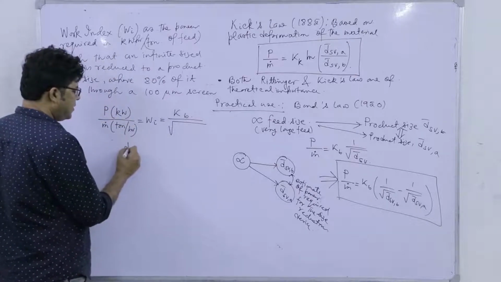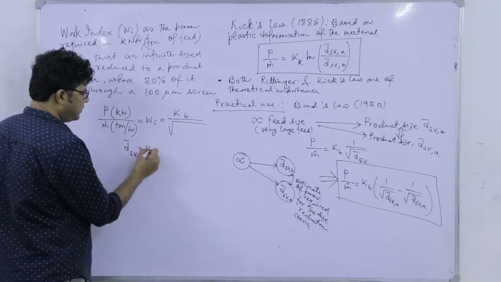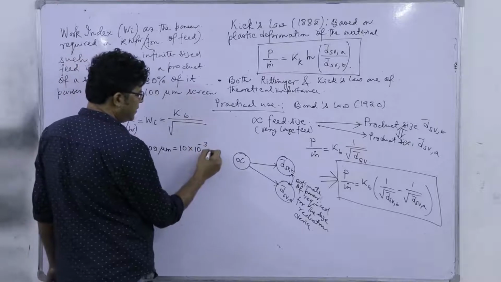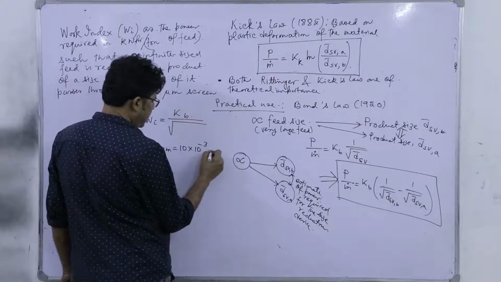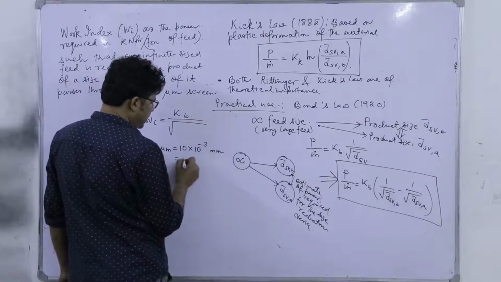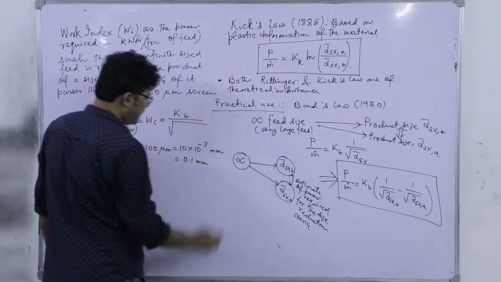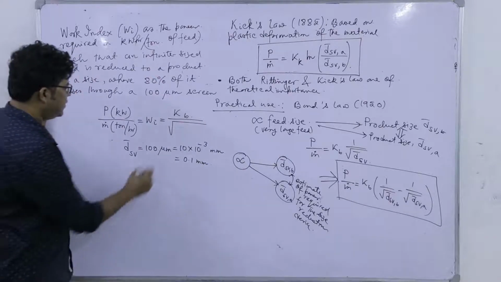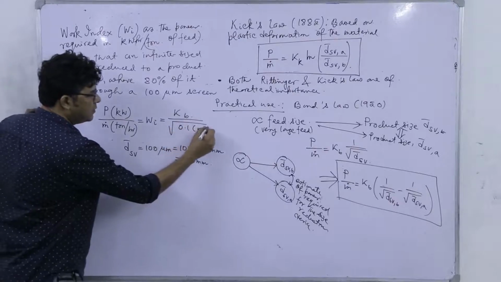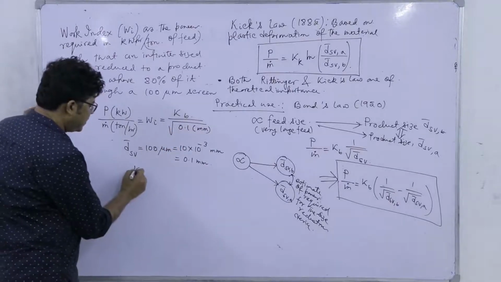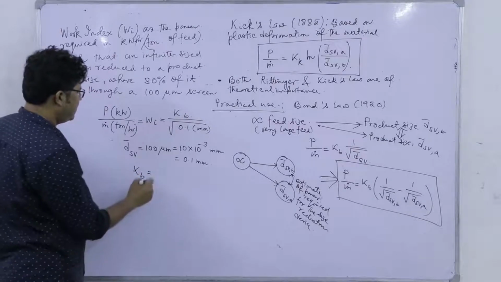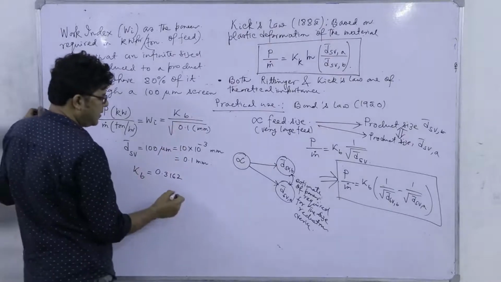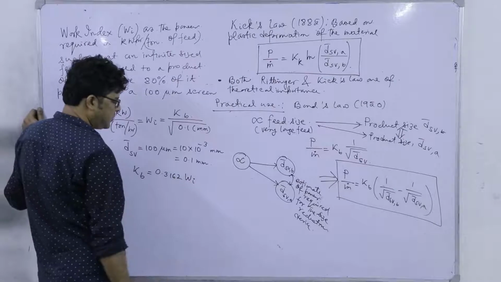So d bar SV is 100 micron, which is equal to 100 into 10 to the power minus 3 millimeter, right. So it is 0.1 millimeter, and it is also unit specific, it is millimeter. So Kb becomes 0.3162 under root of 0.1, 0.3162 Wi, right.